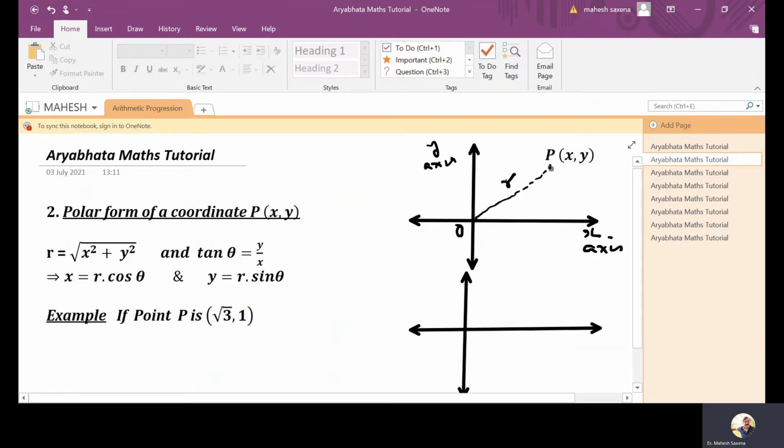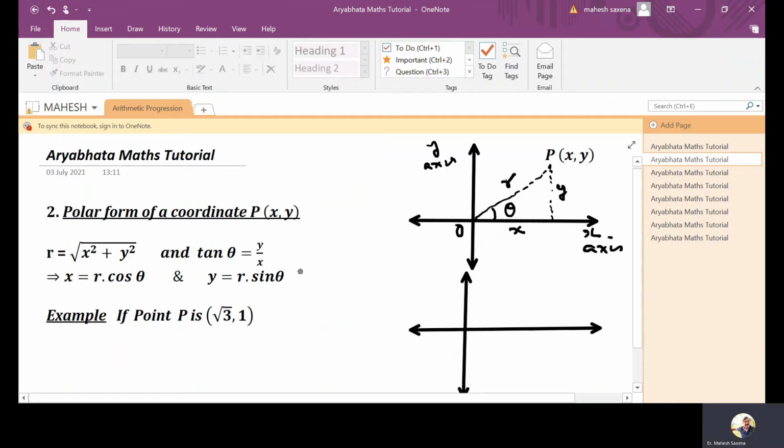If we draw a perpendicular from P to the x-axis, then this distance will be x and this distance will be y. Therefore, r will be under root x square plus y square. And suppose this angle is theta, therefore tan theta is y upon x. Therefore, it is clear that x will be r cos theta and y will be r sin theta.